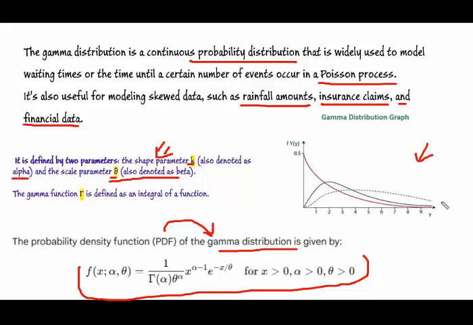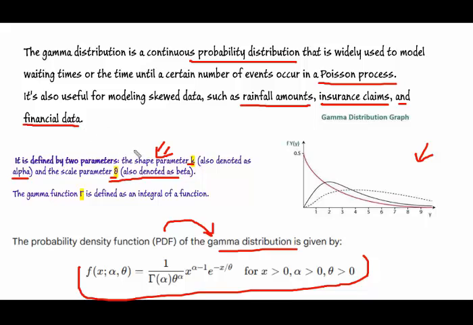This image shows three different shapes of the gamma distribution, and this difference in shape is related to the parameters in the gamma distribution. Additionally, it is also useful for modeling skewed data, such as rainfall amounts, insurance claims, and financial data.